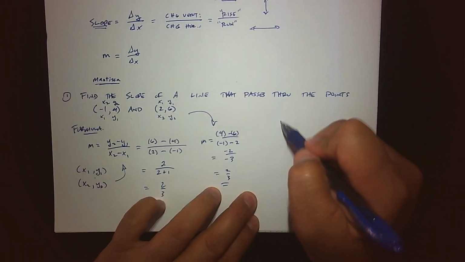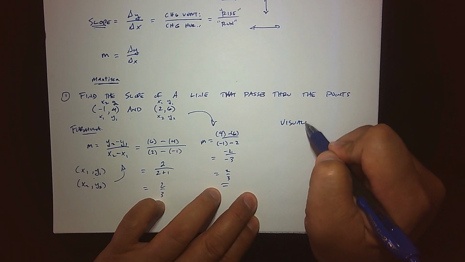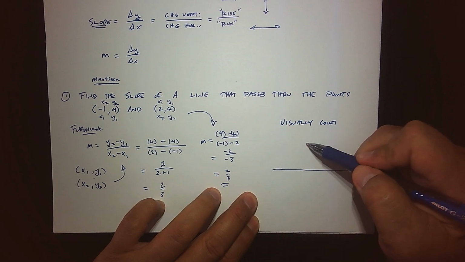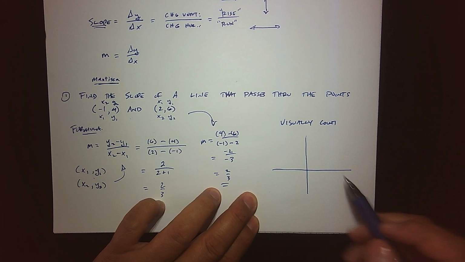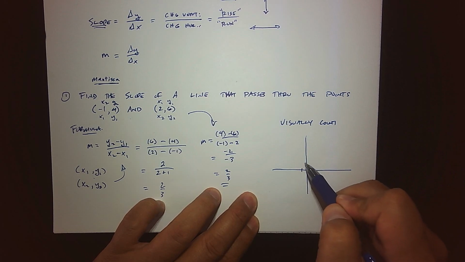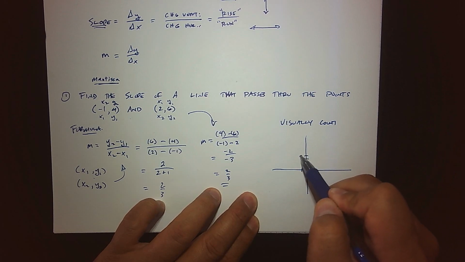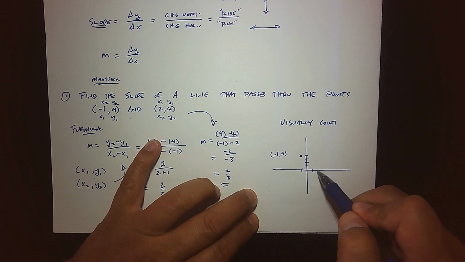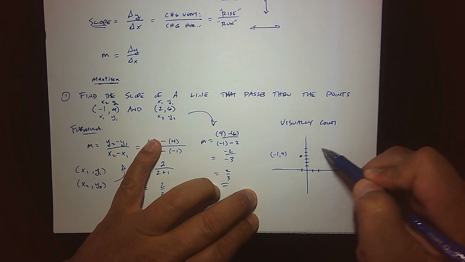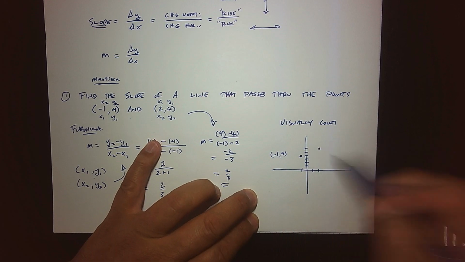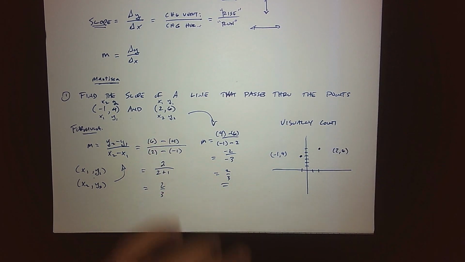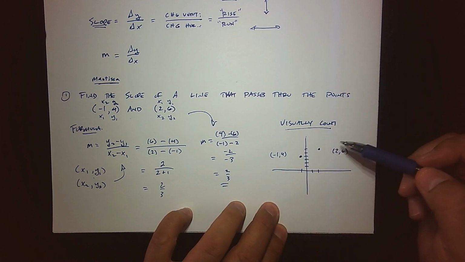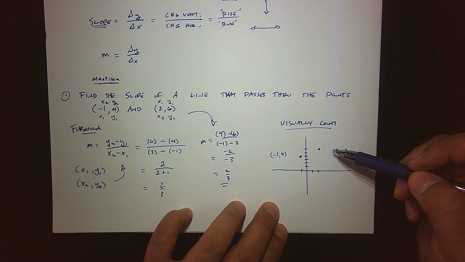Of course, we could also visually count. That would mean if we're going to do something visual, I need a graph. So I'd come to my grid, and here's negative 1, 1, 2, 3, 4. So there's (-1, 4) on my graph. And then the other data point is (2, 6). So there's (2, 6). Now what I'm trying to do is visually count what is my rise and what is my run, or my vertical change and my horizontal change.